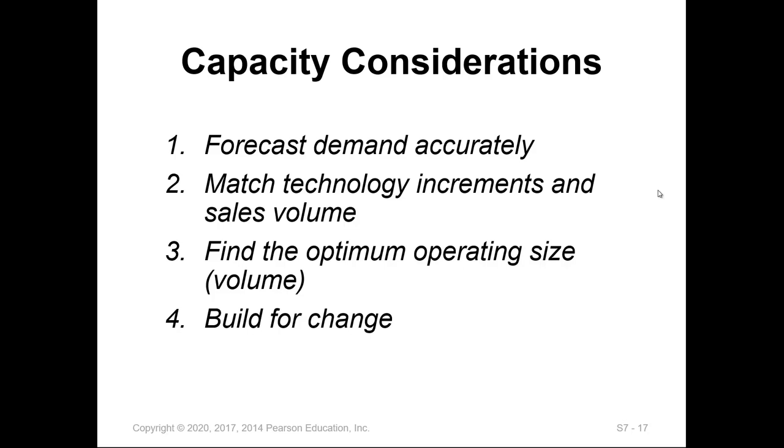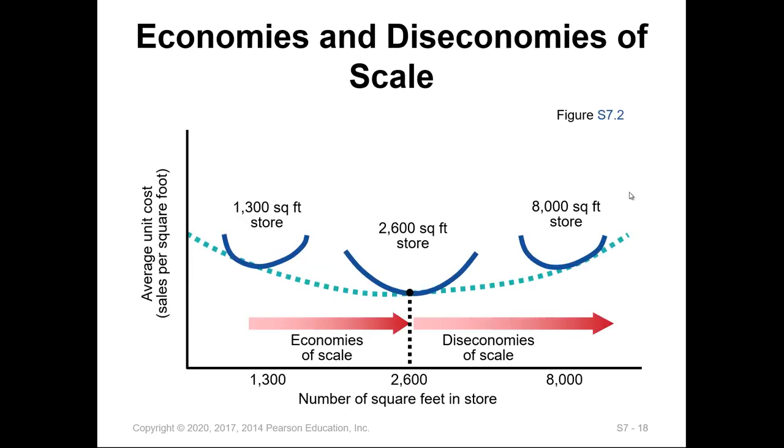An optimum operating size can be determined, but at the same time, the capacity will be built with room for change. You need to give it flexibility of increasing or decreasing future changes. Having a large space is not always the solution.